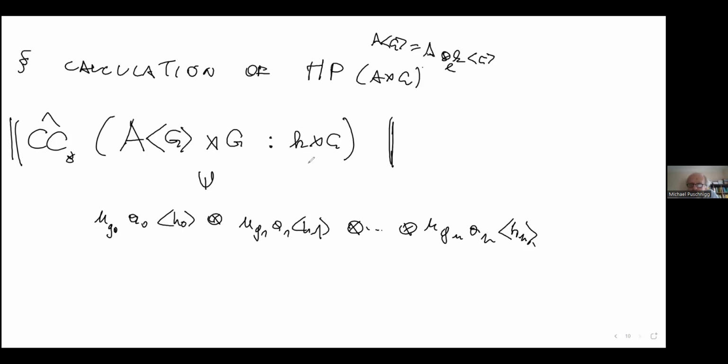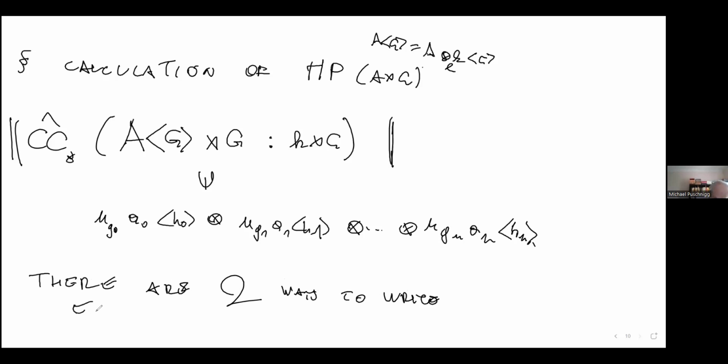And what you would like to do is to find a basis so that you can write elements in this complex in a canonical way. And now the main point, the surprising point, is that there are two ways to write elements canonically. And this is expressed by the following two lemmas.